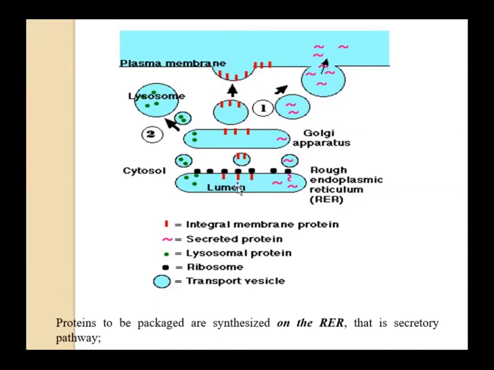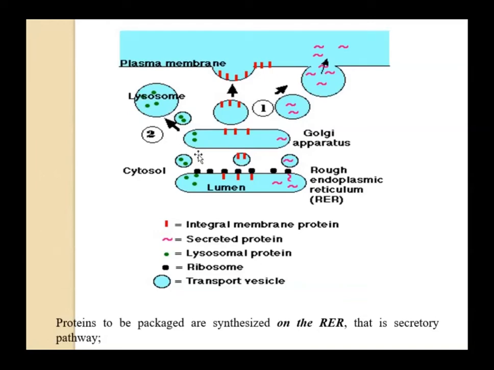Here we can see RER, then the Golgi apparatus. And so the proteins from RER will go in three ways. First, they will be incorporated into the cell membrane, or they will go outside of the cell inside of secretory vesicles, or they will be incorporated into the lysosome. They will be lysosomal enzymes.